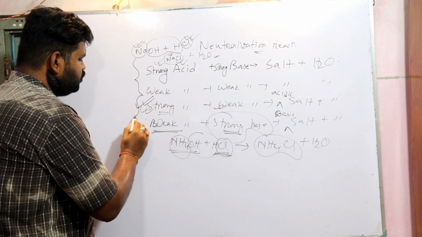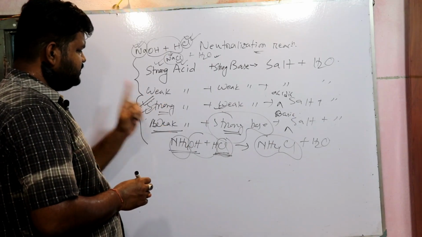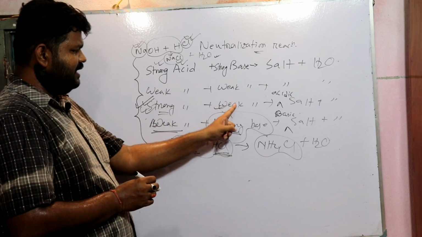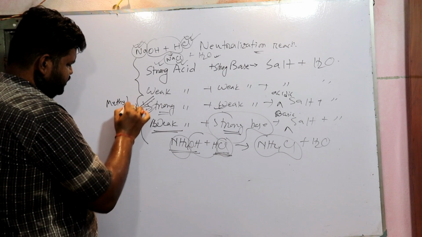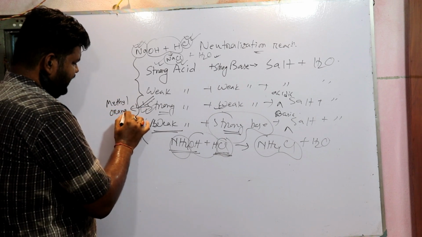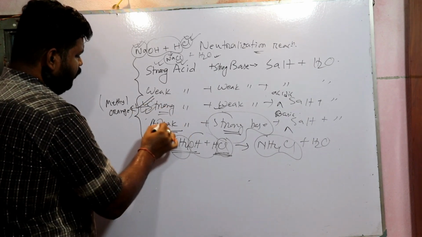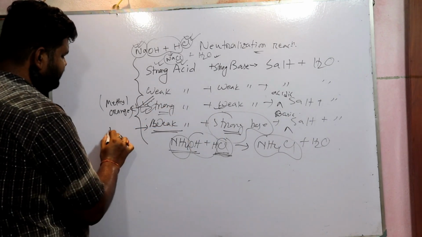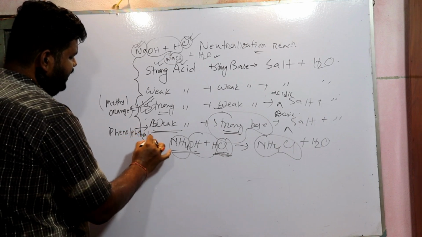But in these two types, some specific conditions are there. When the acid is strong but the base is weak, methyl orange indicator will be used. And when the acid is weak but the base is strong, phenolphthalein indicator will be used.